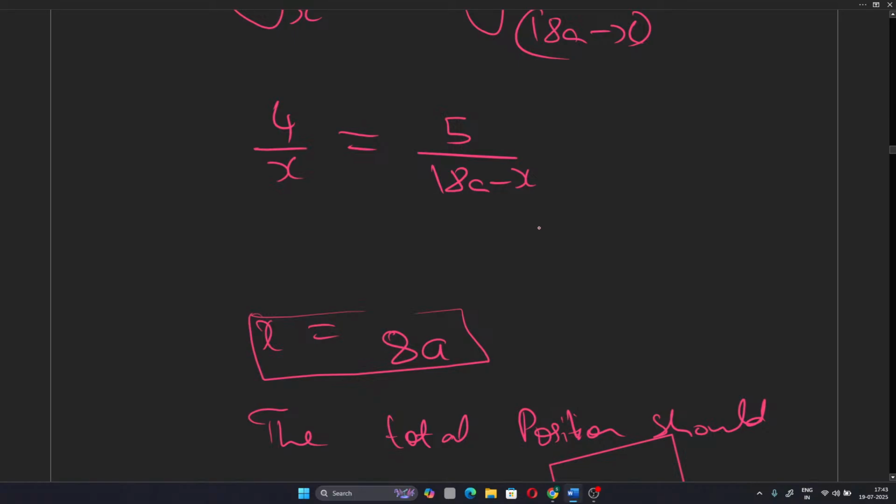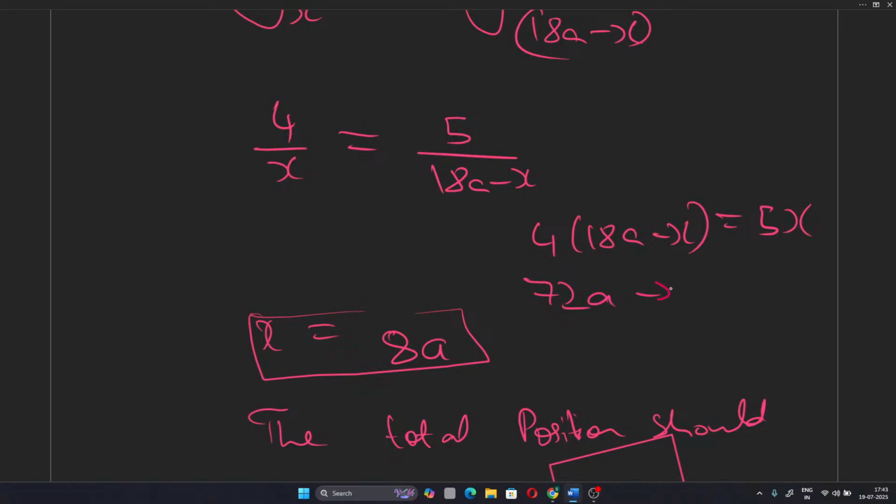It will be 4 times 18a minus x equals 5x, which will be 72a minus 4x equals 5x. 9x equals 72a. Now this will lead to this.